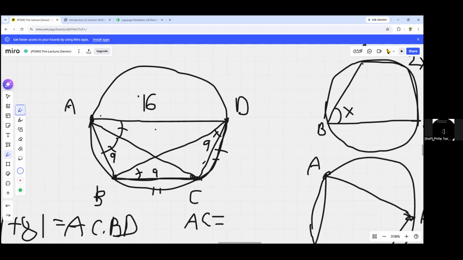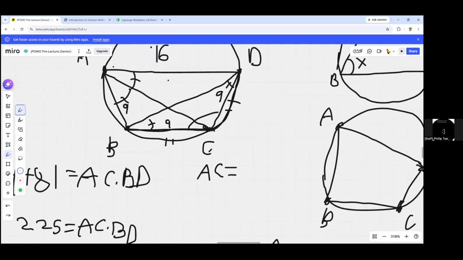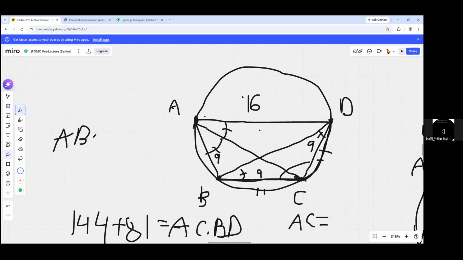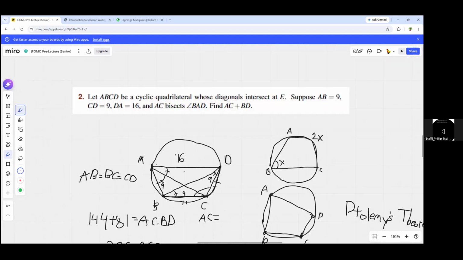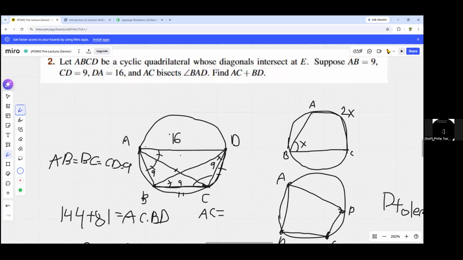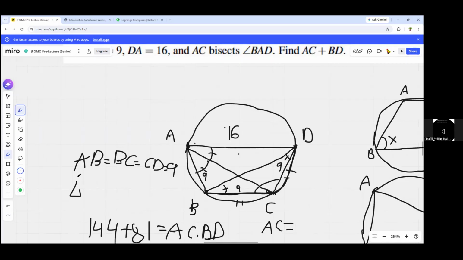Since AB is equal to BC equal to CD, which is equal to 9, and angle CAB is equal to angle BCA, which is equal to angle DBC, which is equal to angle BDC, we can prove using the congruences that triangle ABC is congruent to triangle DCB.